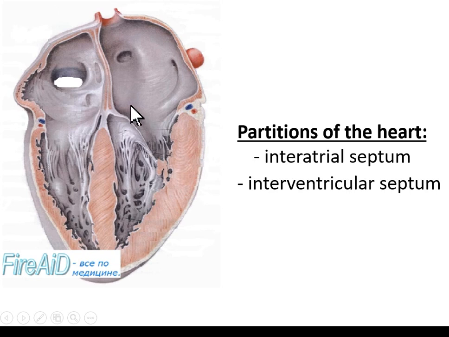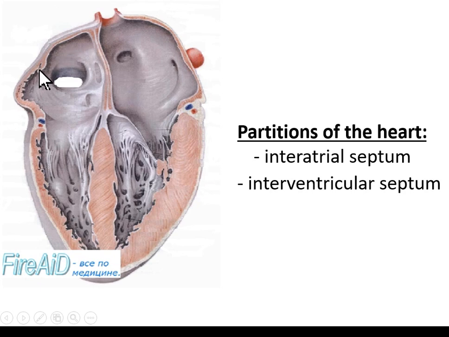Between the atriums and ventricles, we can see the septa. The interatrial septum is between the right atrium and left atrium. The interventricular septum isolates the right ventricle from the left ventricle.